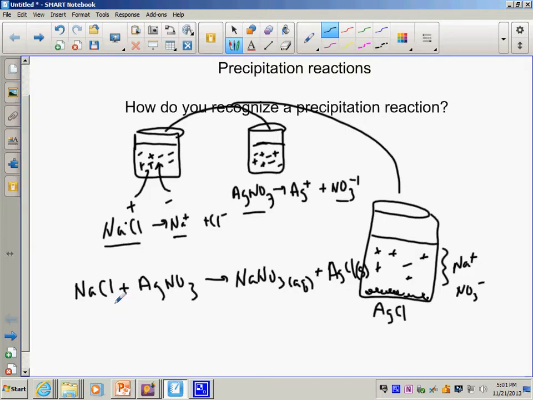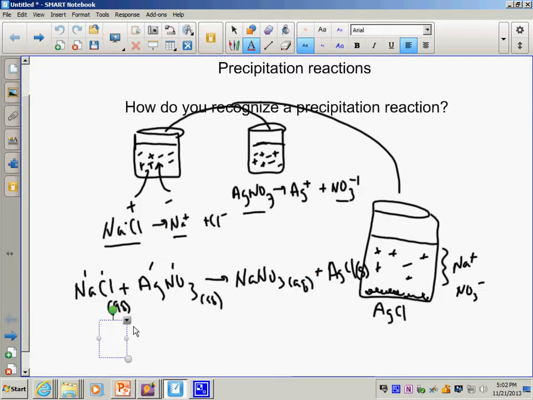Again, I would focus on how you recognize one. Well, you have two aqueous solutions, two ionic compounds, so a cation and anion, and it's just a matter of putting them together, and different combinations of different ions have different solubilities, and that's a pretty big focus point.